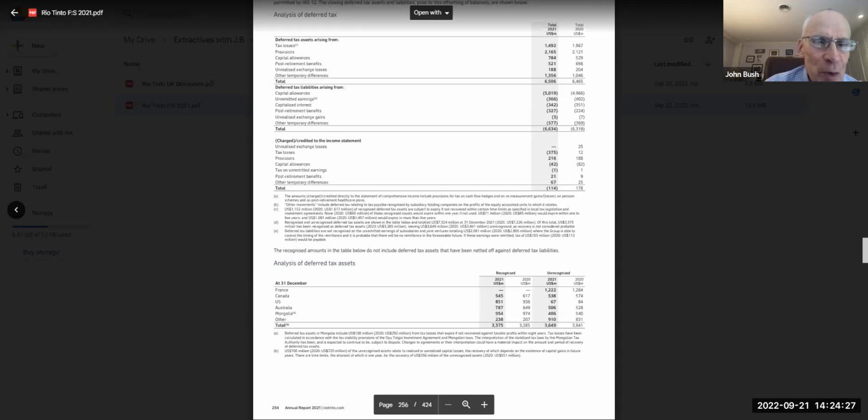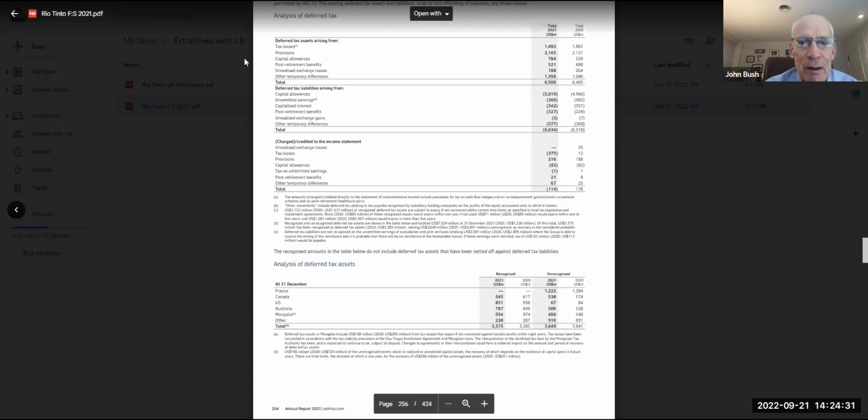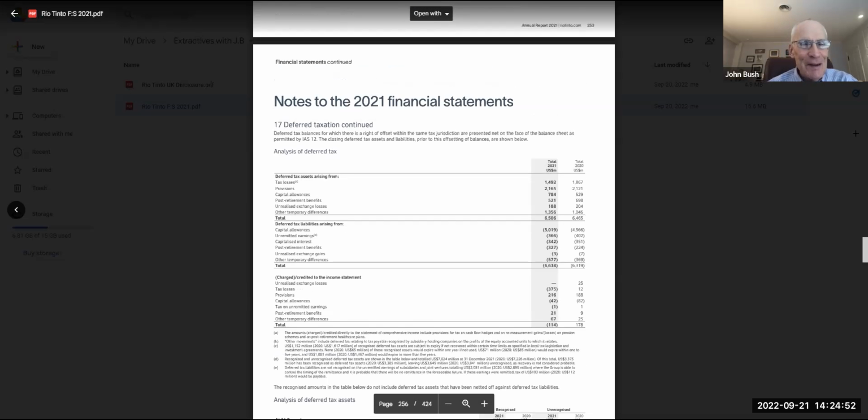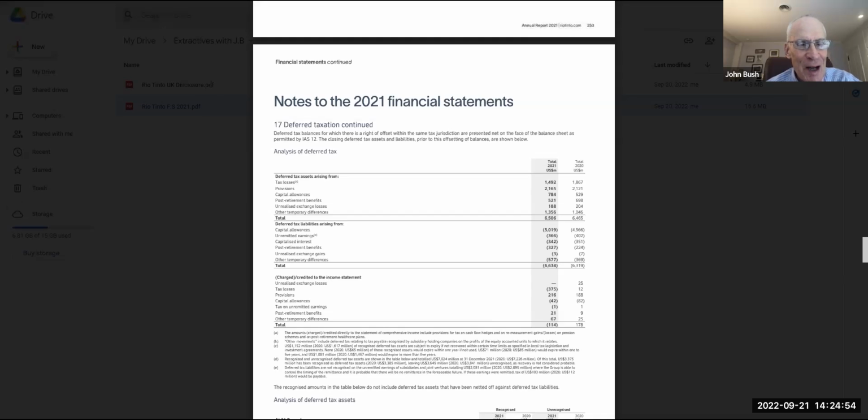This is actually from their financial statements for 2021. And when you look at it, you can see what the deferred tax assets are above the line there. The biggest thing is provisions. What does that mean? That's left to the viewer to decide, I think.